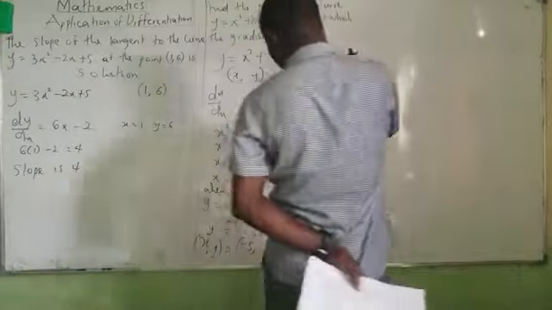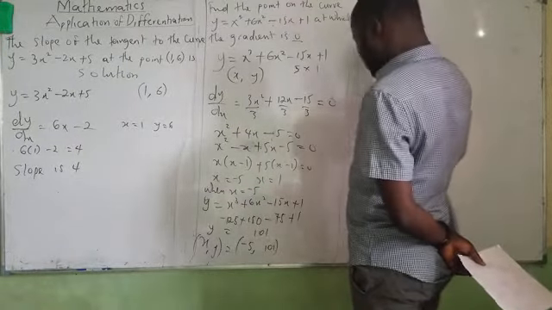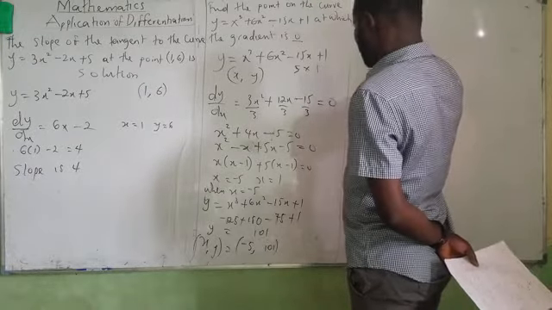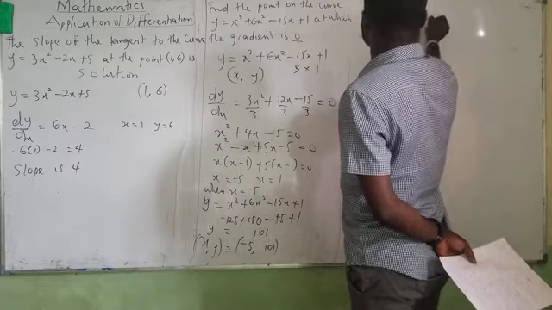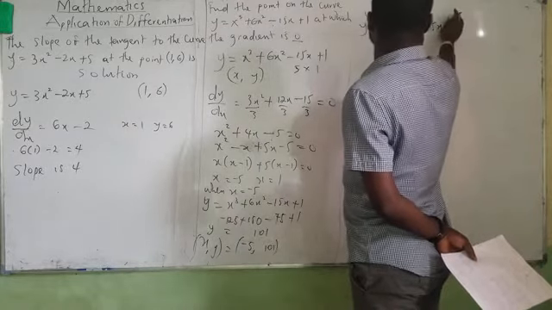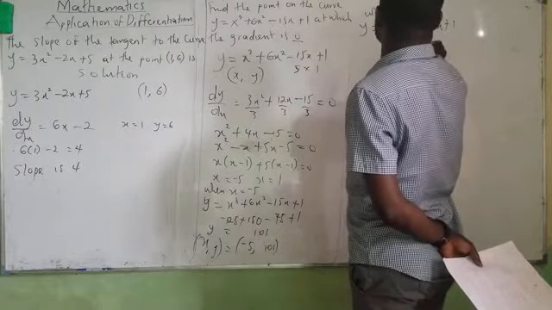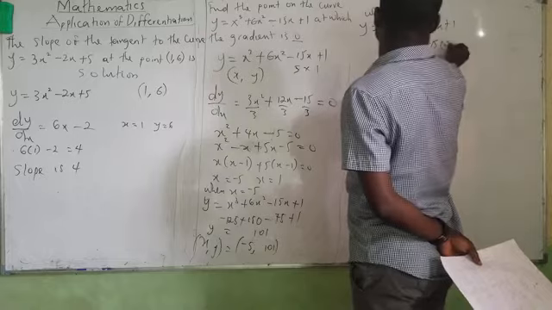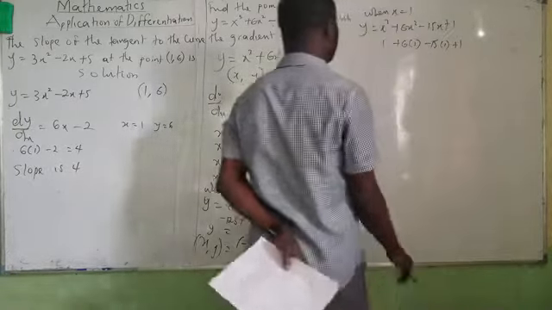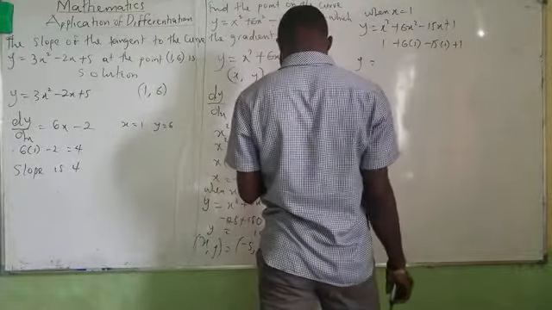Now the next one, when x equals 1, this should be very straightforward. y equals x cubed plus 6x squared minus 15x plus 1, which I'll be having 1 plus 6 bracket of 1, minus 15 bracket of 1, plus 1, and this will be y equals 7.